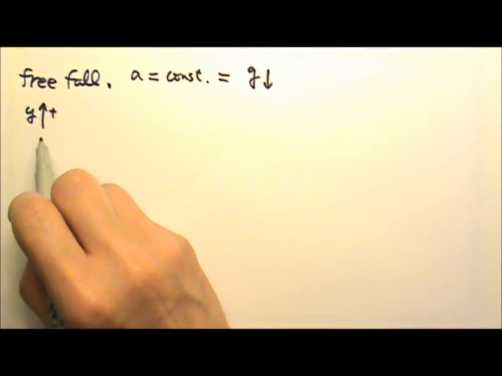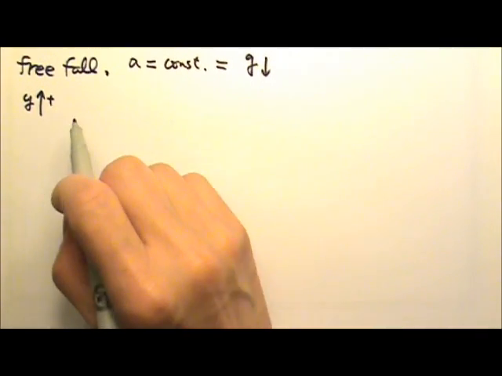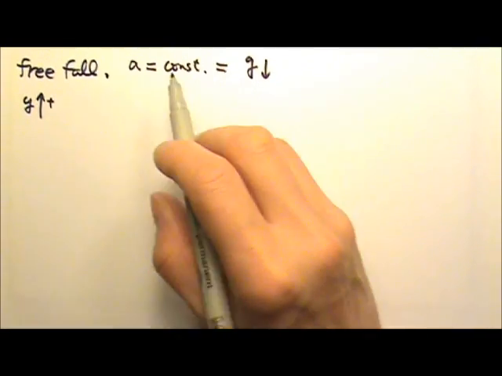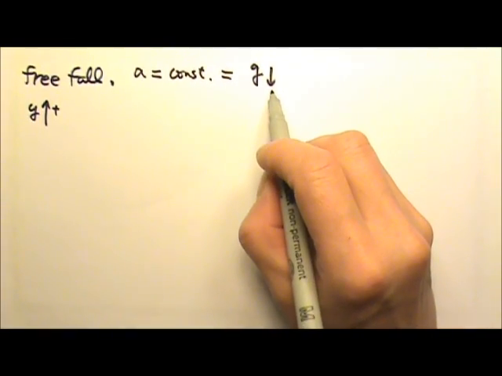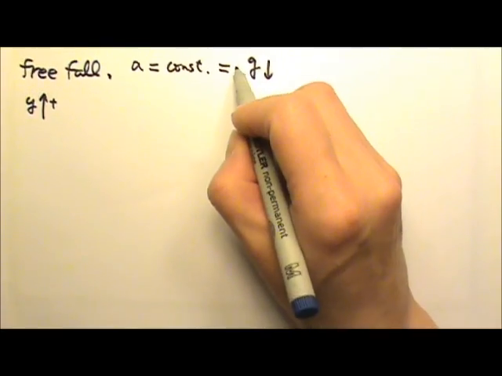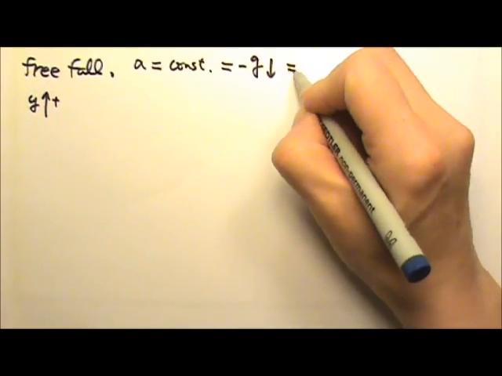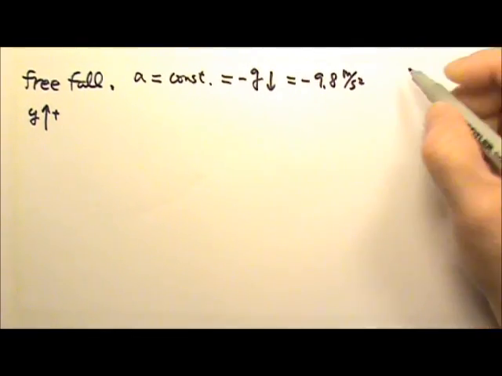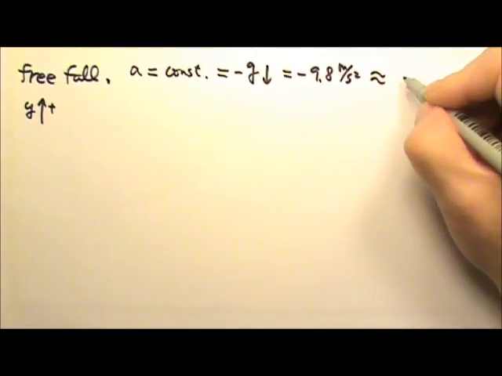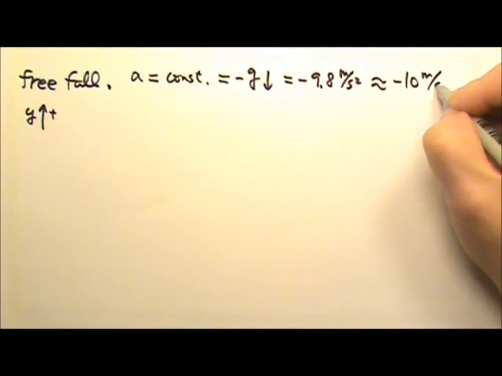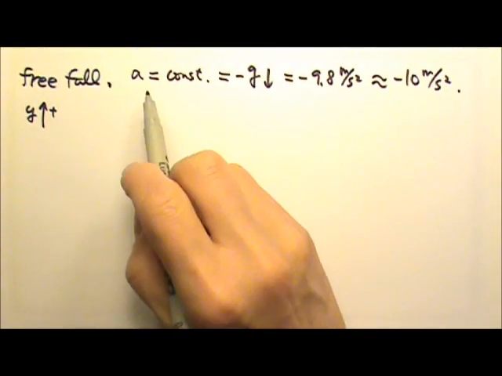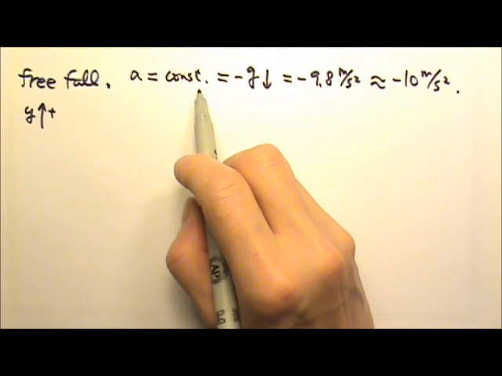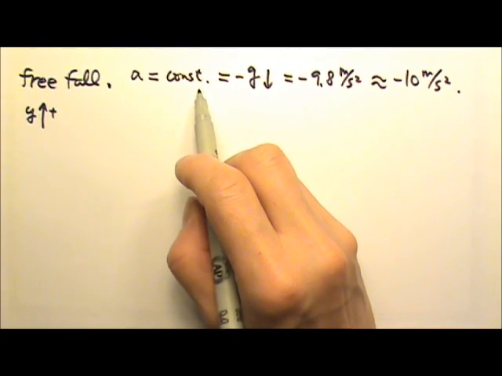If you want to, you can choose down as positive. But right now, I'm going to choose up as positive. If I choose up as positive, then that means this downward acceleration will have to be negative. Okay, and g is 9.8 meters per second squared. And we usually just round it to -10. And because it's a constant acceleration motion, that means that we can use those 4 kinematics equations for constant acceleration motion.